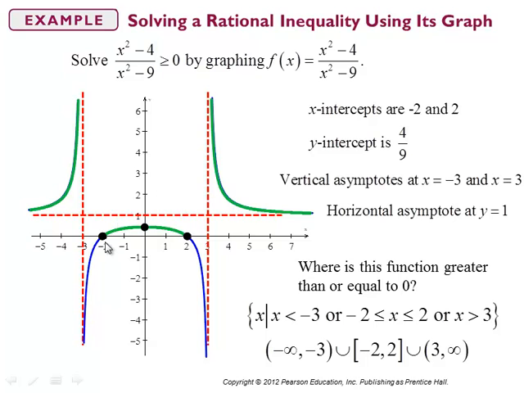So we have to include x equals negative 2 and x equals 2 in our solution, endpoints of this interval right here. And so any x value in the union of these three intervals will make the inequality a true statement. So here's your solution, either in set builder notation or in interval notation.